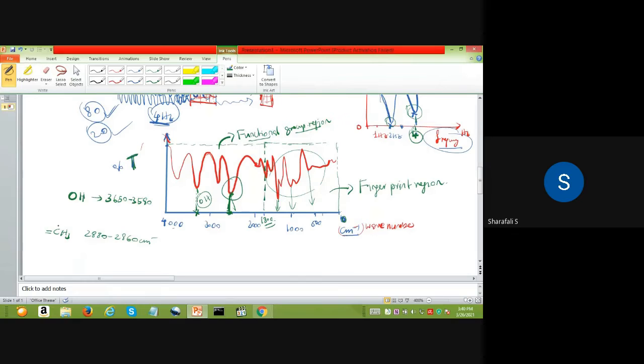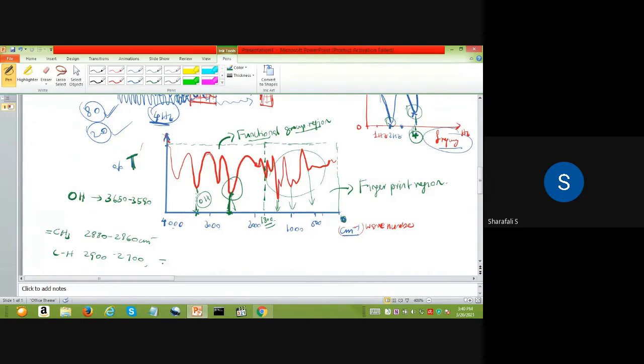Similarly, if you are having some CH bond, there are different kinds of that. So let's say 2900 to some 2700.